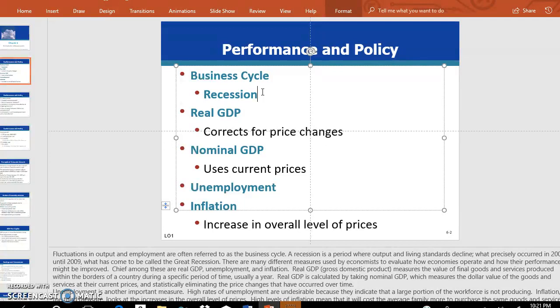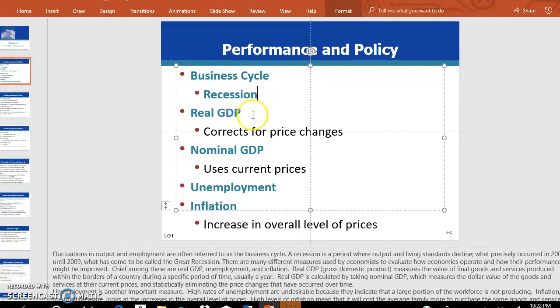They may lay off workers, so unemployment will increase. Often in a recession, GDP will decrease, unemployment will increase, and this creates a problem. So whenever there is a recession, we expect the government to step in and use its fiscal policy and monetary policy to help solve the problem. And we will give you more examples of this in relation to the Great Recession of 2007 to 2009. That is the biggest recession in the US since the Great Depression of 1929.